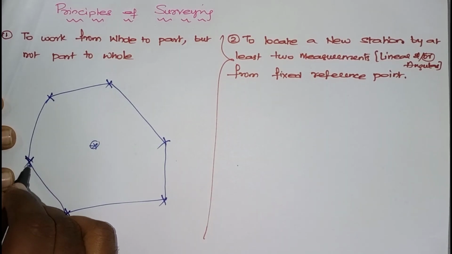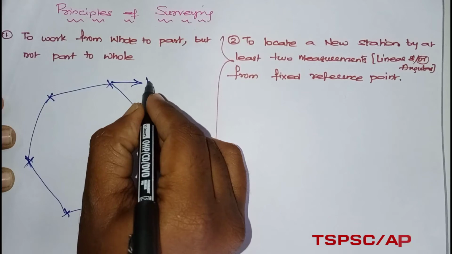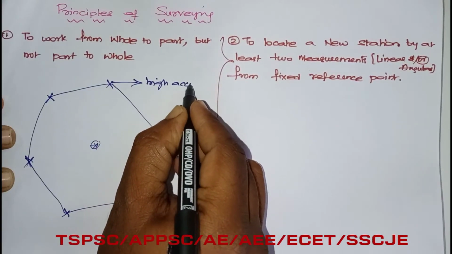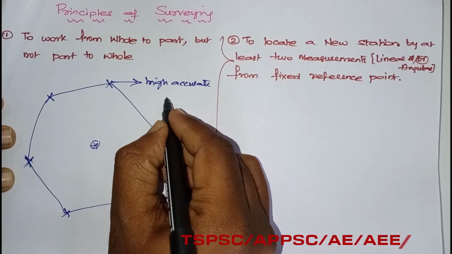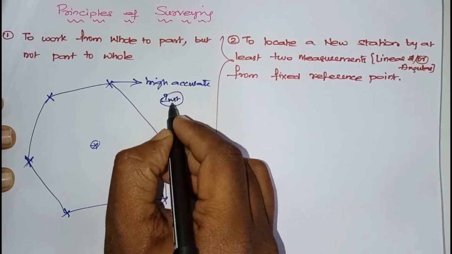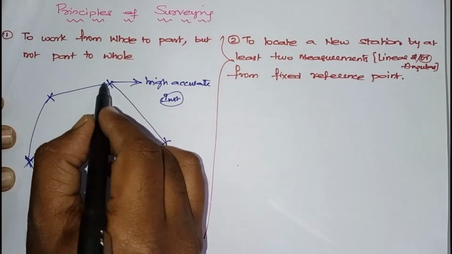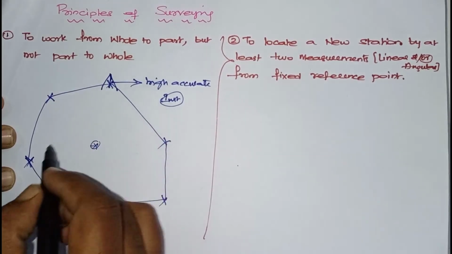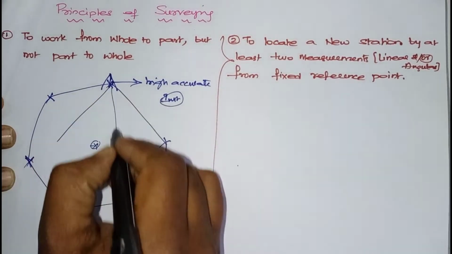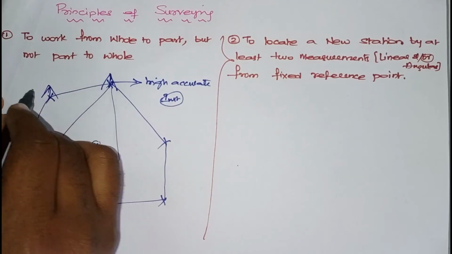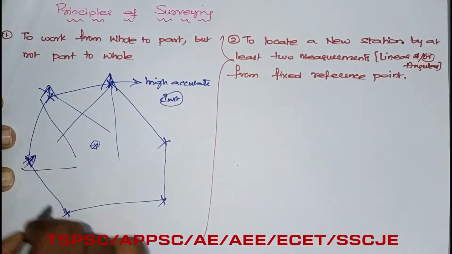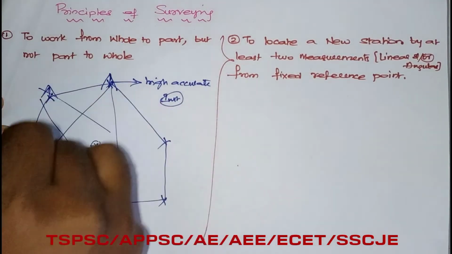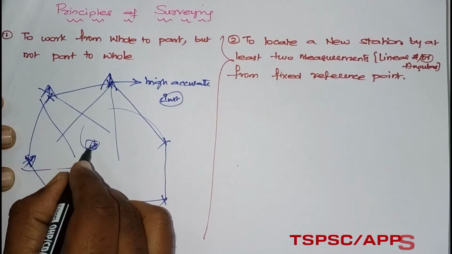These control points are to be fixed with a highly accurate instrument. From these, if I start doing the survey, I can cover this portion and this portion. Like this I can go from whole to part.